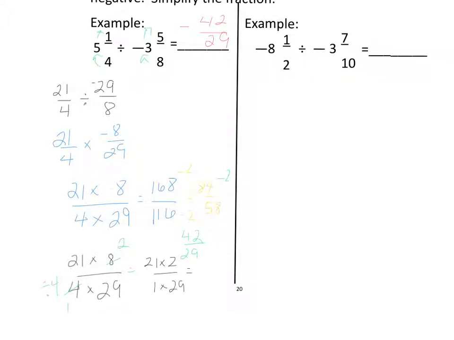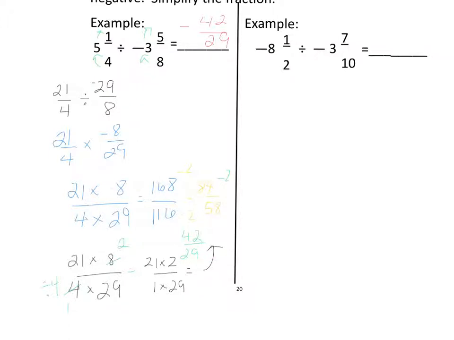And that's going to equal 42 over 29, which matches what we got when we simplified the other way. So either way, we simplified by 4 essentially, or by 2 twice, and ended up at the same answer. It doesn't matter which way you simplify, pick the way you like the best and stick with it.